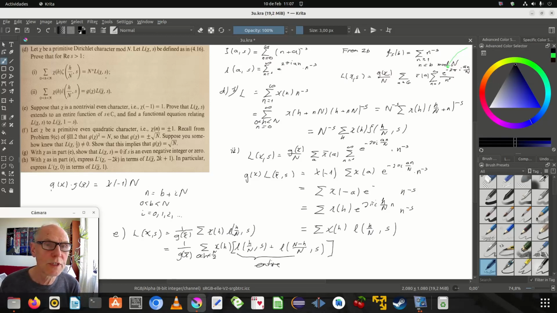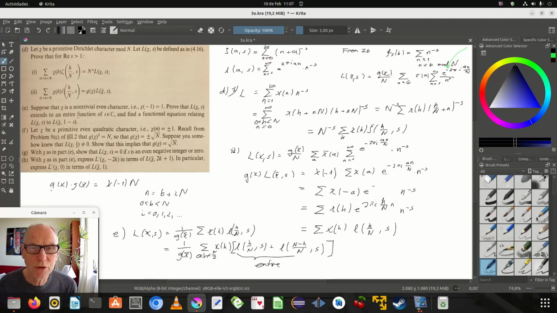Then we must use the other formula and isolate L here, and then chi and chi bar of 1 minus s.